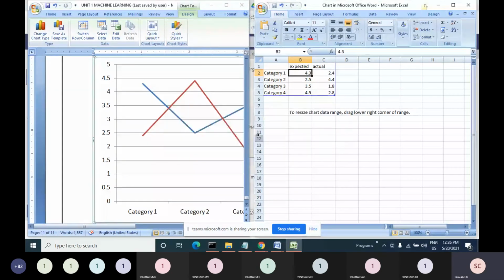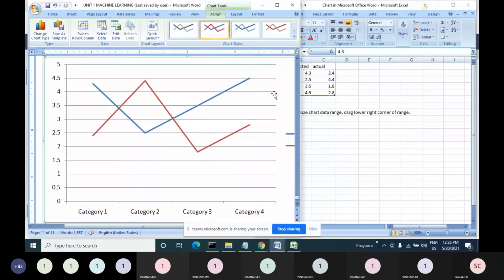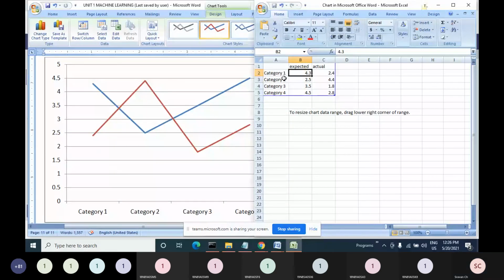This is a very good point which you have asked. I'm trying to represent my output. Please see this table: expected output, actual output. If there is a difference between expected output and actual output, I'm drawing them as lines, so you can straight away visualize the difference.